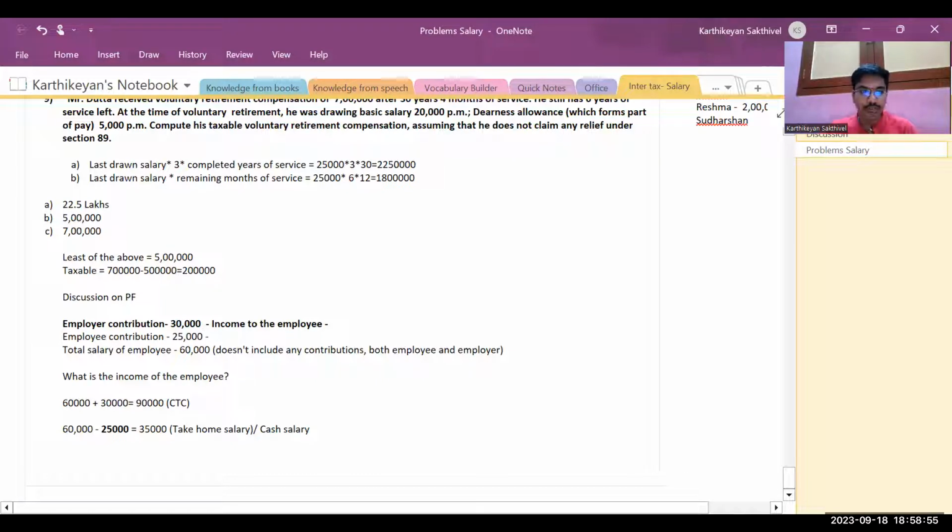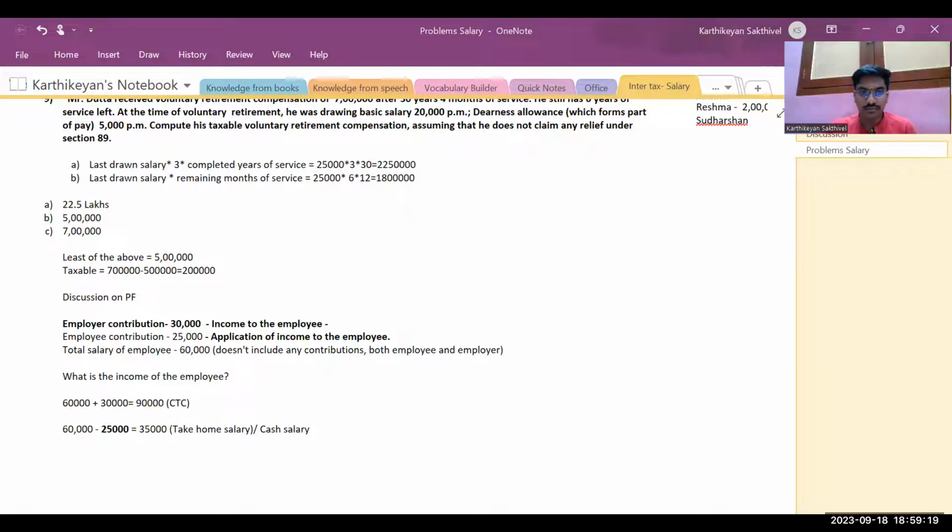So the employer's contribution is an income to the employee, but the employee's contribution is application of income by the employee. Is this point first clear? Yes, sir. Perfect.